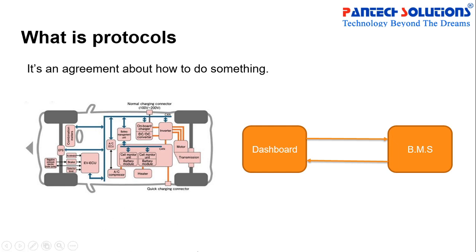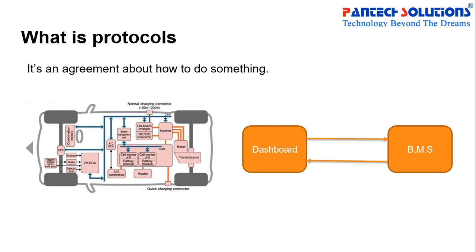The dashboard will have a microcontroller, and similarly the BMS module will have a microcontroller to maintain its local data. Suppose you want to transfer a message from the BMS module to the dashboard, like a cluster. In that case, my dashboard will send a request message to the BMS module. Whenever the BMS module receives the request message, only at that point will the data be transferred to the dashboard.